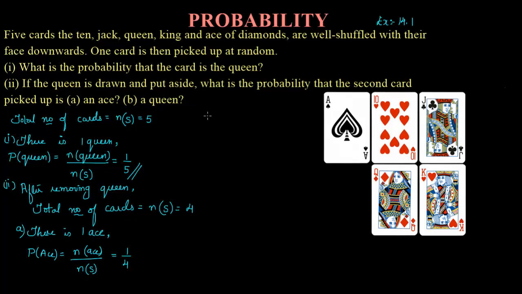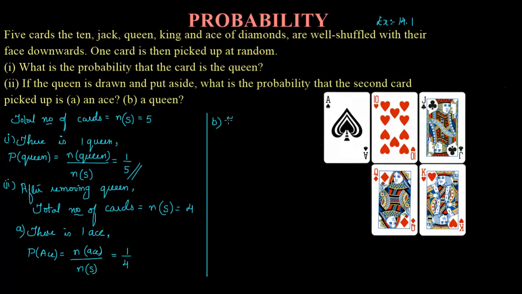Now the next part, part B of this question. They are telling you to find the probability of getting a queen. The queen was there before, but now the queen has been taken and kept aside. Now there is no queen among these 4 cards.